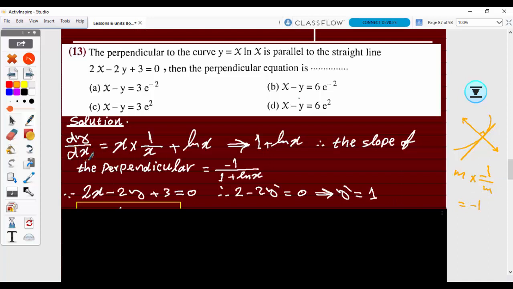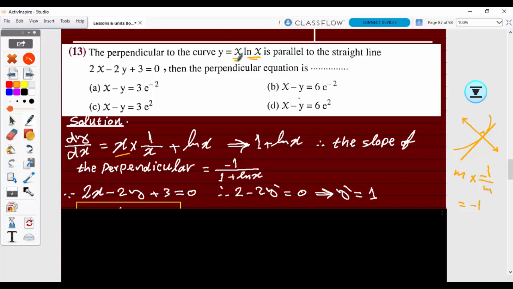So dy/dx, the slope of the tangent, equals, here we have y equals x ln x. We have two functions. So the derivative equals the first function, x, times the derivative of the second function, the derivative of ln x, which is 1 over x, plus the second function times the derivative of the first, the derivative of x.